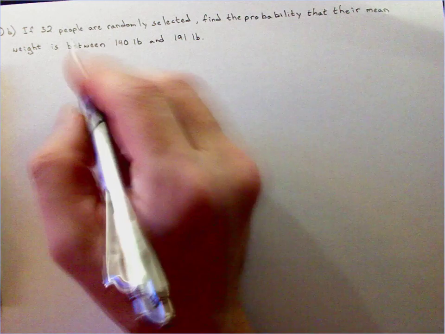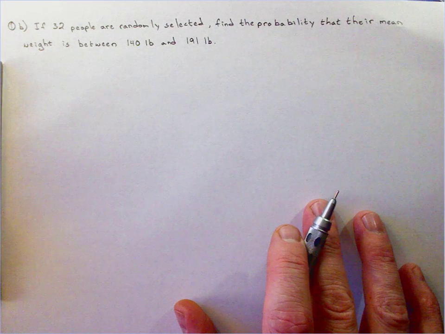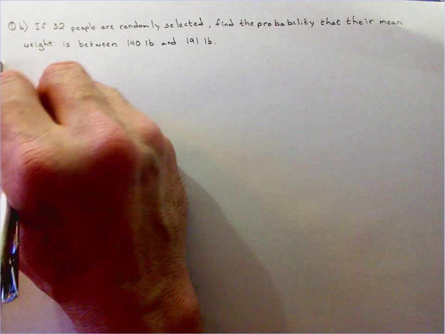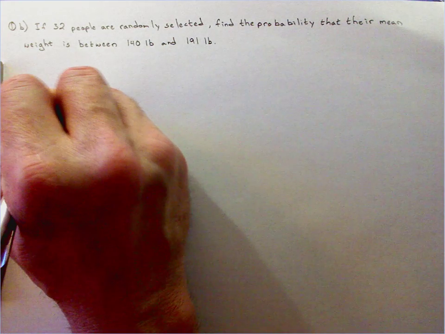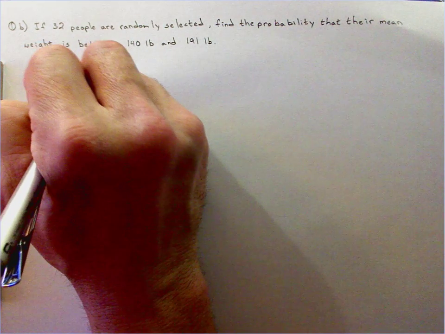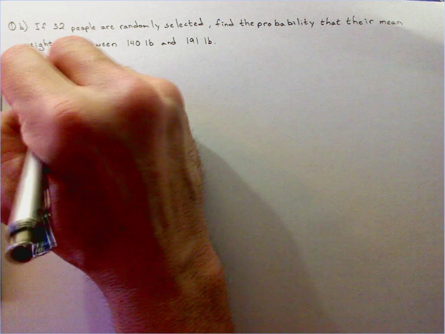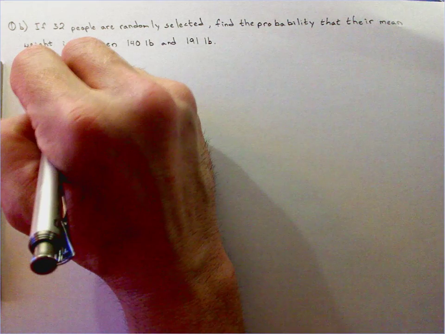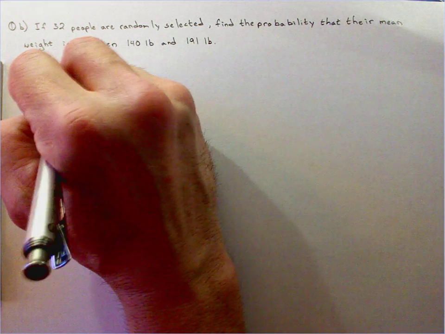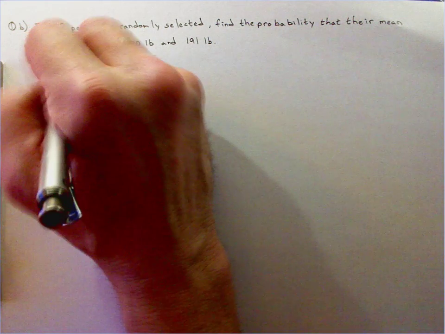So first thing I'm going to do is make my normal distribution curve. I have 140, and it was 145, yep, mean was 145 and 191, and I am finding that, except this time everything is still the same.